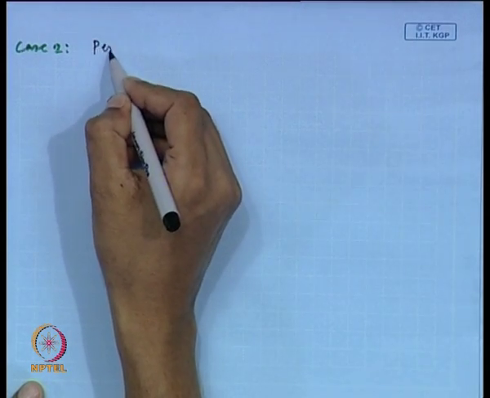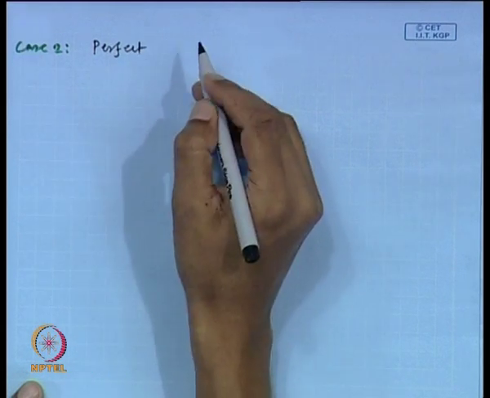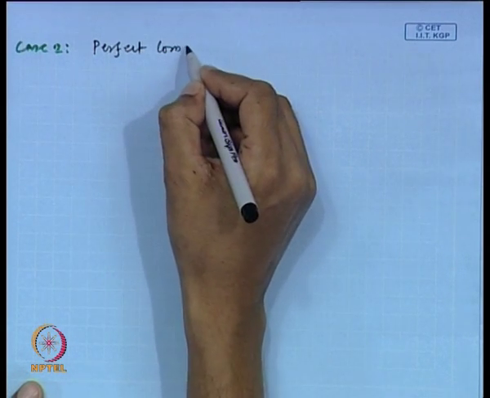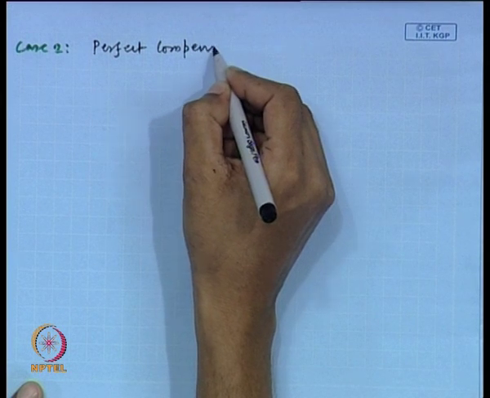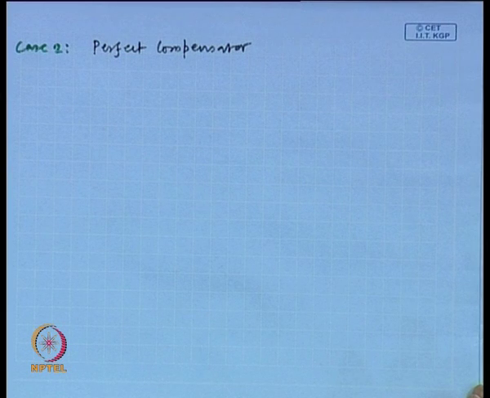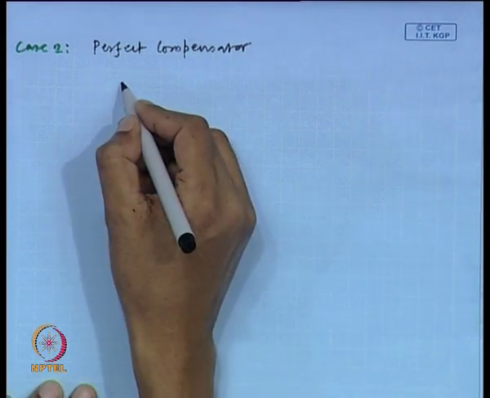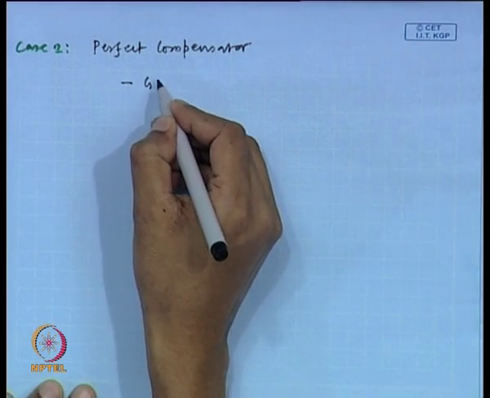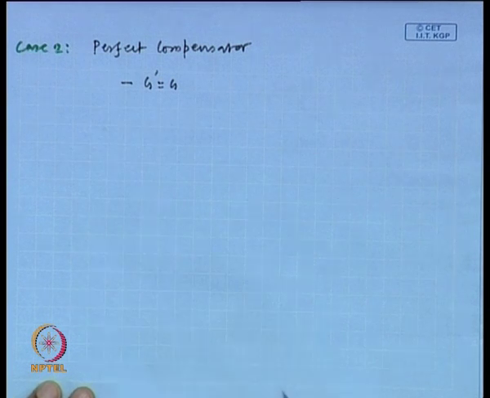And that is perfect compensation. In case 2 we consider perfect compensator. It is true when z prime is equal to z.